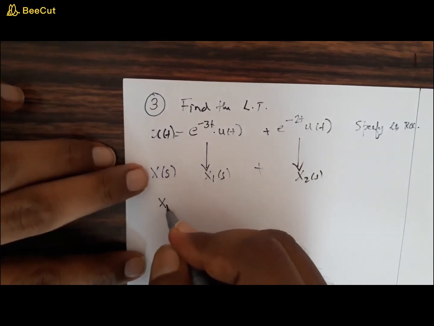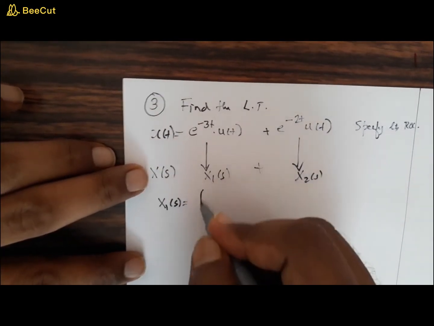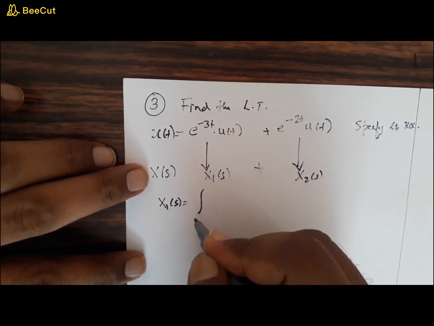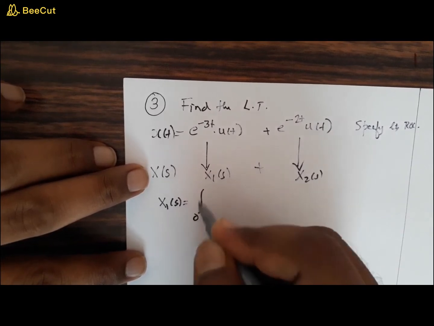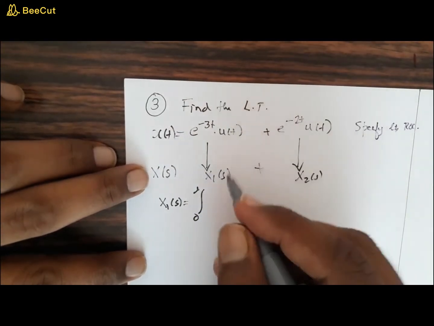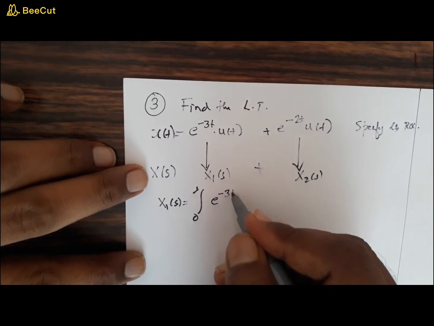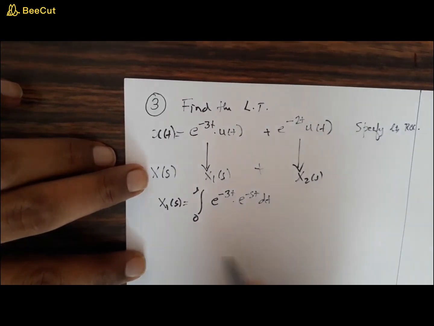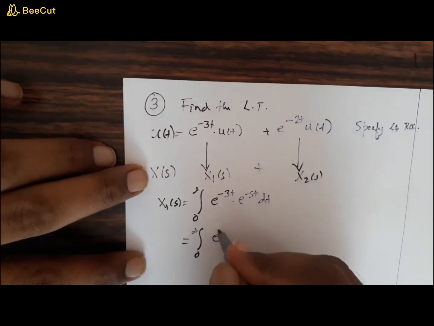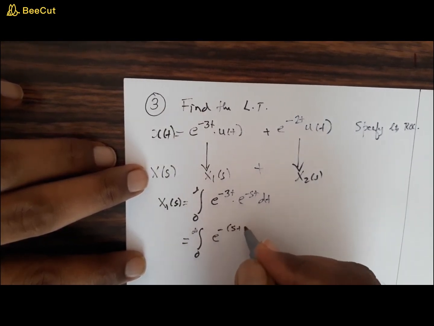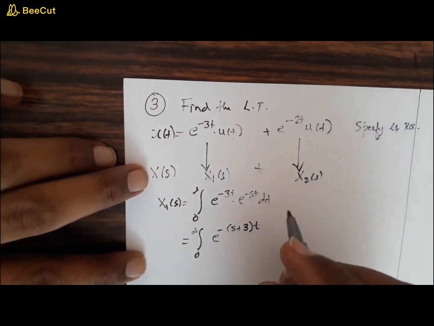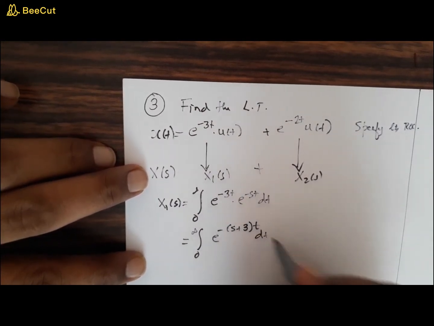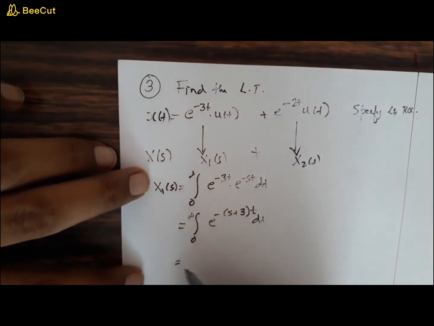So what is x1 of s? X1 of s will be the integral from 0 to infinity, because of this u of t, of e raised to minus 3t into e raised to minus st dt. So this becomes the integral from 0 to infinity of e raised to minus of s plus 3 times t, dt.